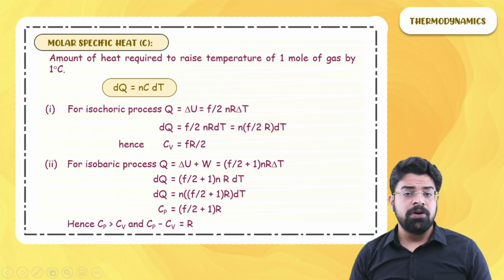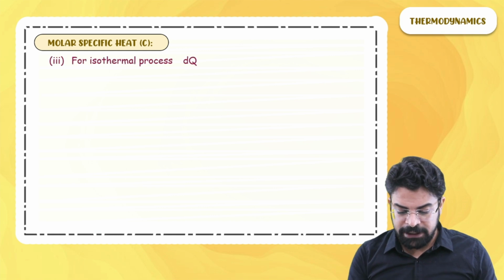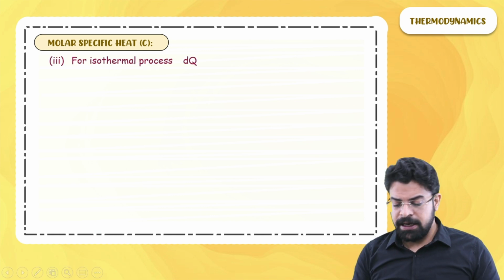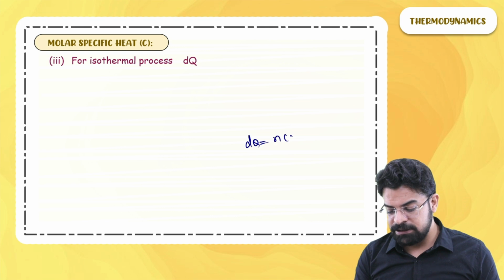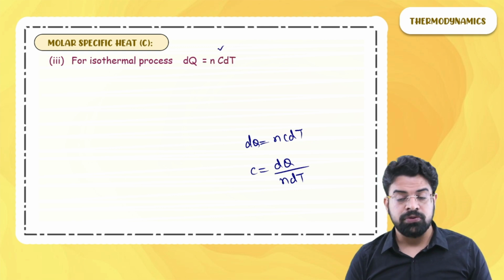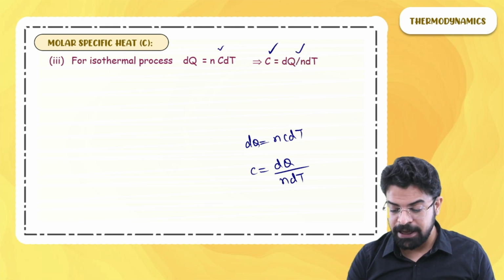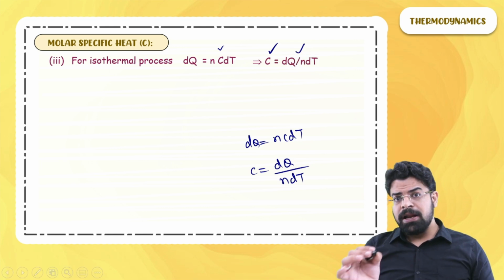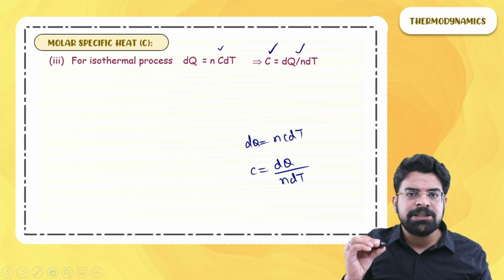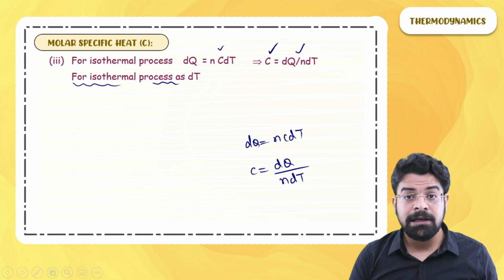So now let's move on to our other two processes, which are isothermal and adiabatic. First of all, let's talk about isothermal process. We know that dQ equals n C dT, so C equals dQ by n dT. So the molar specific heat can be written as dQ by n dT. For an isothermal process, what is special? Temperature remains constant.